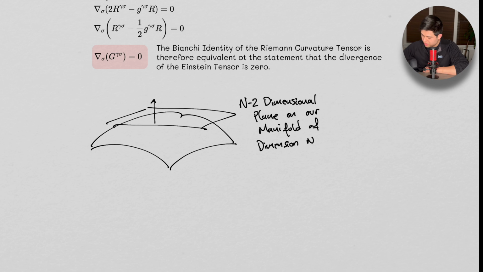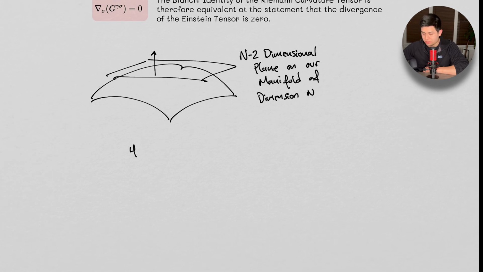So you take a manifold of dimension 4, for example, and G alpha beta is going to represent the R alpha beta mu nu curvature on a plane of 2 dimensions.